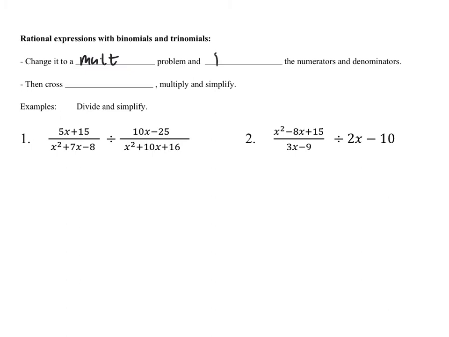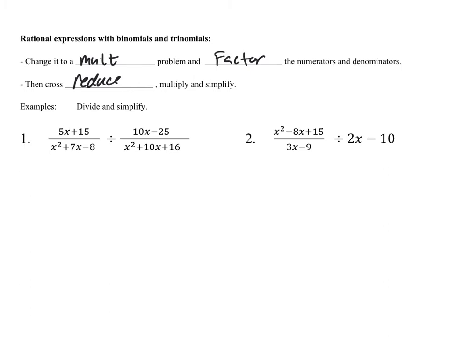Then we're going to factor, just like we did when we were multiplying rational expressions before, because that's all we're doing now. And then we're going to cross-reduce. So cross-reducing with factoring is a lot easier because we're not worried so much about exponents when we're looking at these problems, so it stays cleaner and more organized.